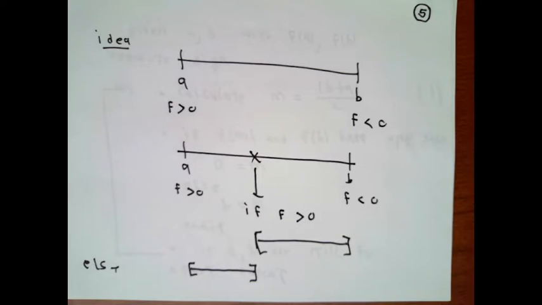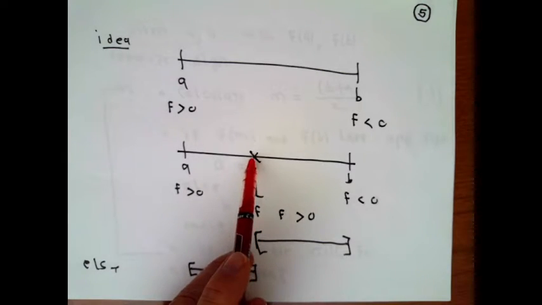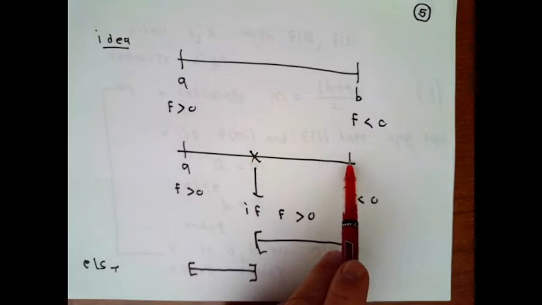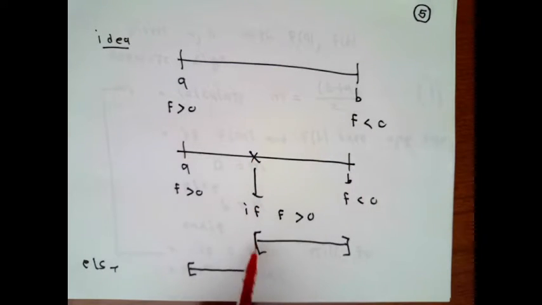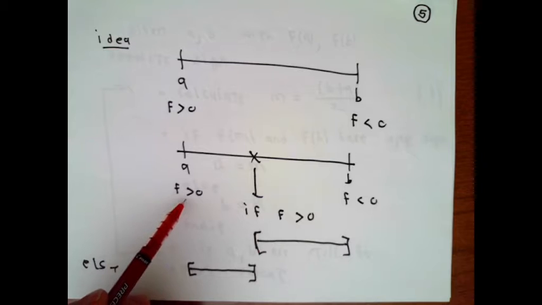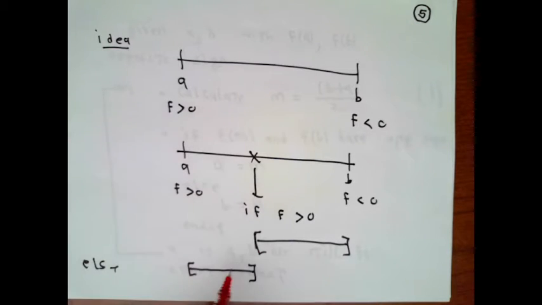If f is positive, then the function value is positive here but negative there, and I am guaranteed that there's a root within this smaller subinterval. If this isn't true, then the function value would be negative, the function value here is positive, and that would tell me that there's a root in this smaller subinterval.